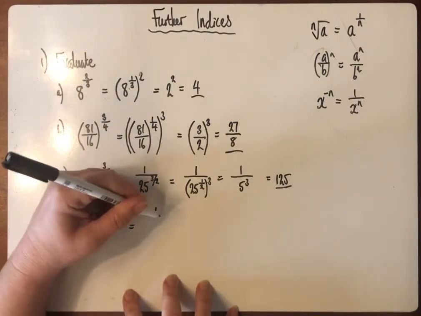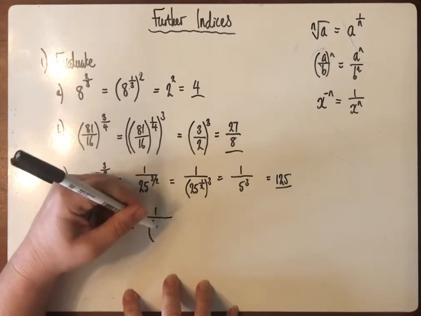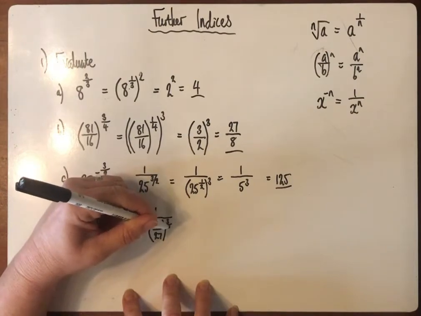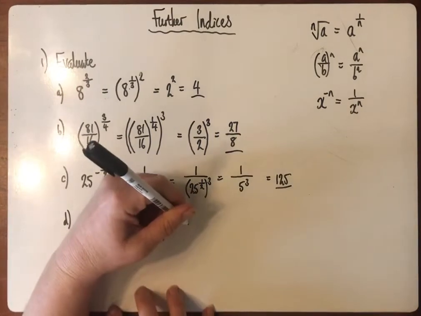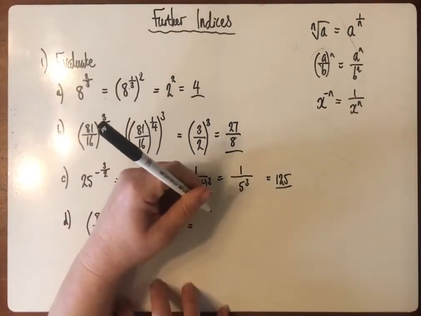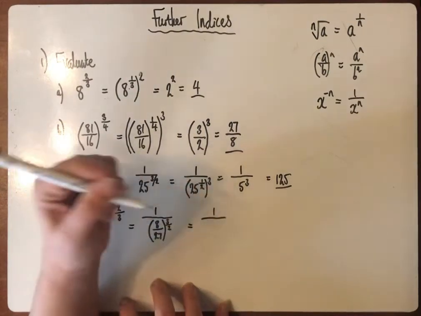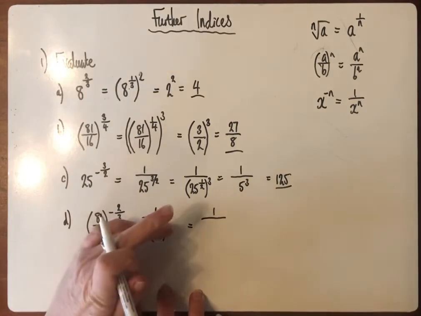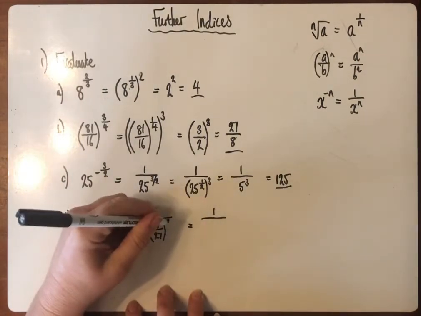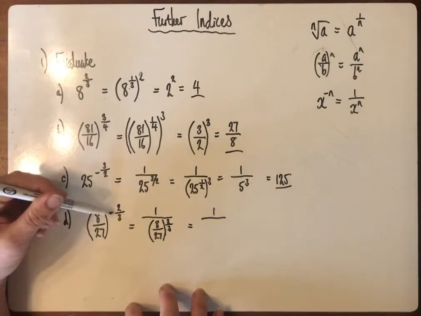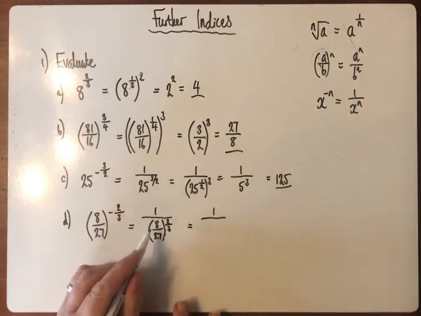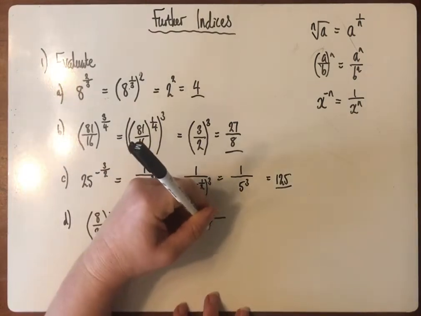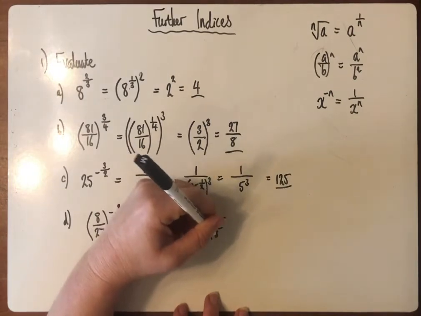So this is 1 over 8 over 27 to the power of 3 over 2, which is equal to 1 over, sorry, something gone wrong there, that should be 2 over 3. So the negative just makes it 1 over 8 over 27 to the power of 2/3. I need to cube root top and bottom, which gives me 2 over 3.